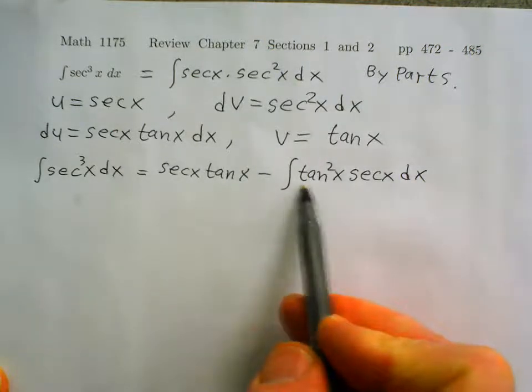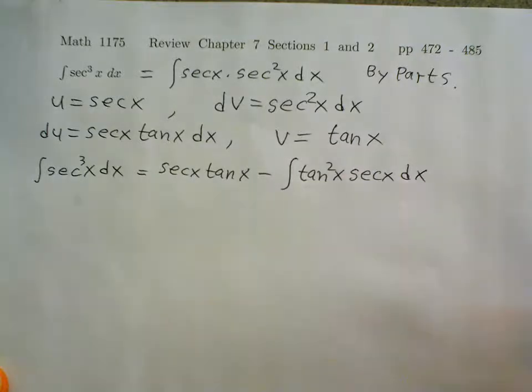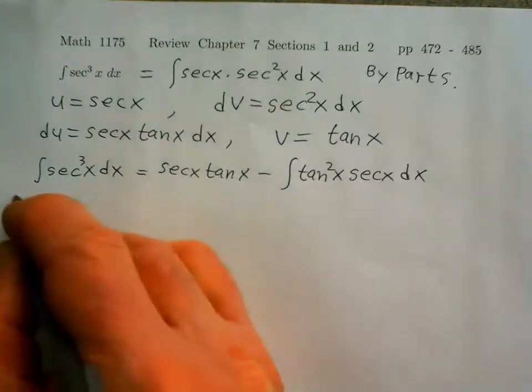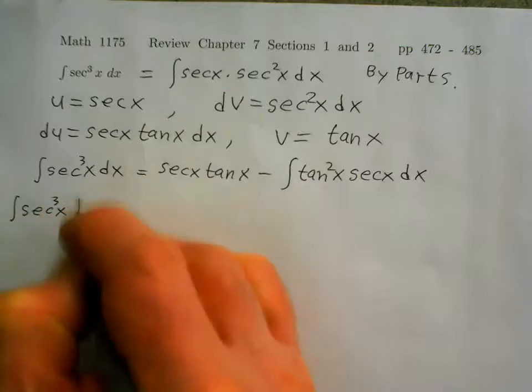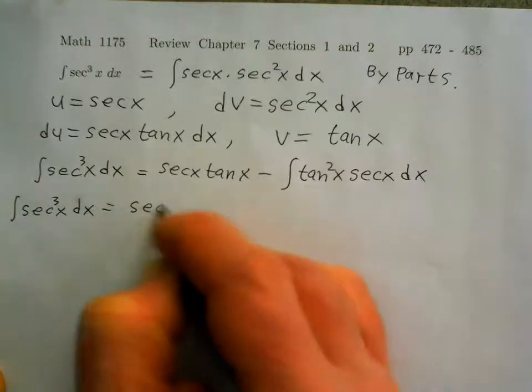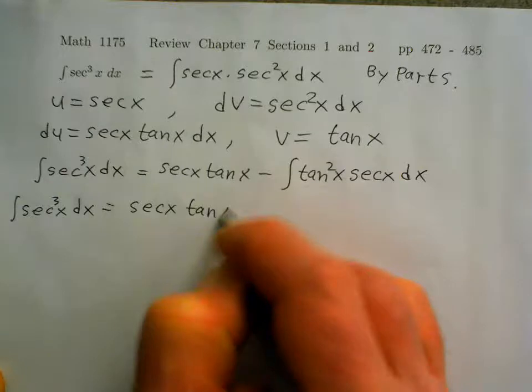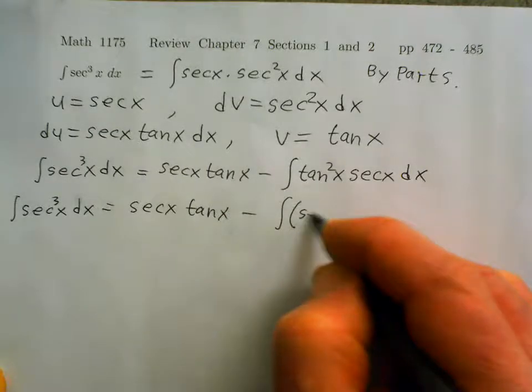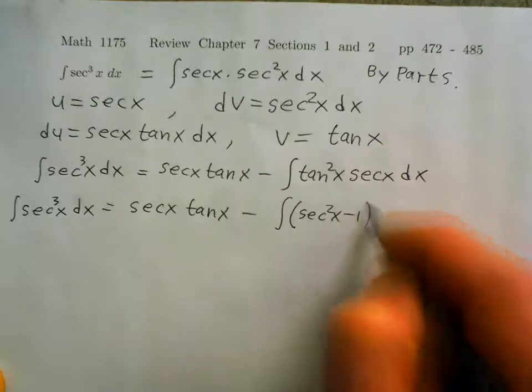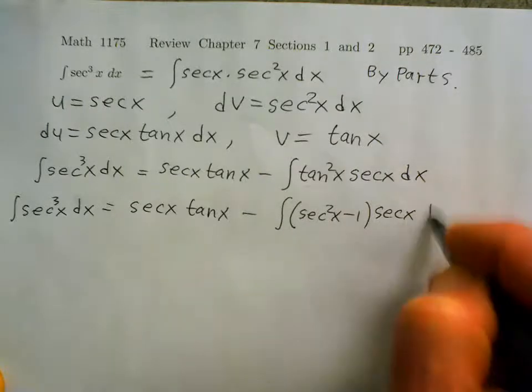Then we're going to replace tangent of x squared with secant of x squared minus 1. So the quantity secant of x squared minus 1 times secant of x dx.